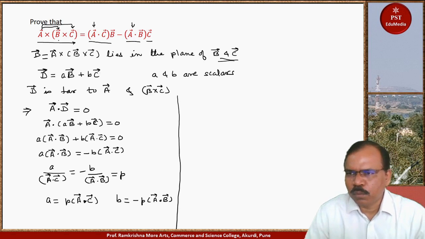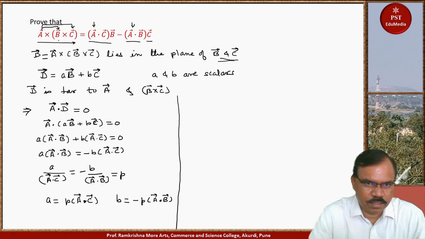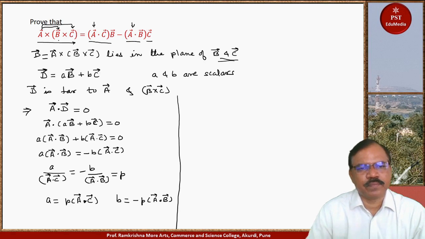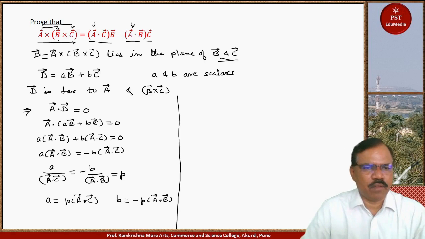Okay. Now we have to find the value of P. If we get P, we will get A and B.